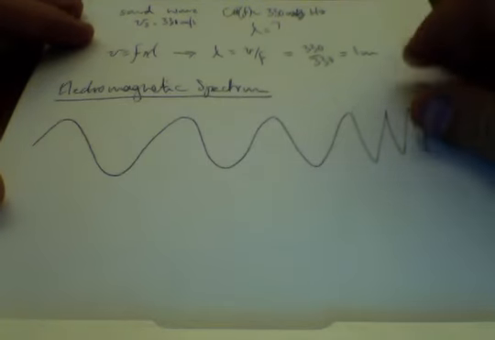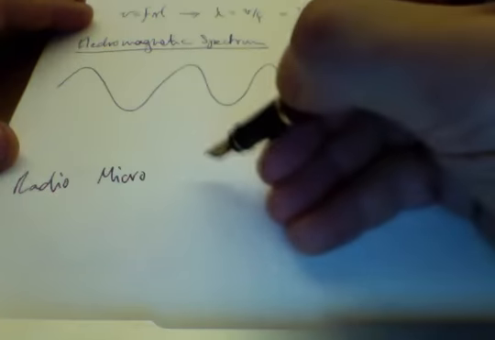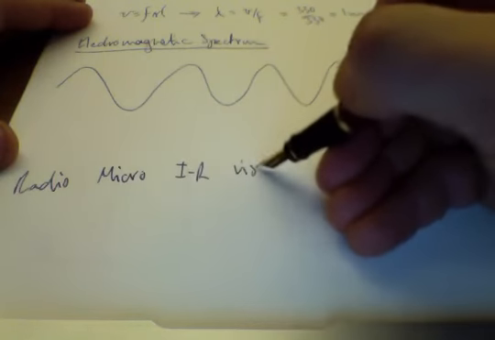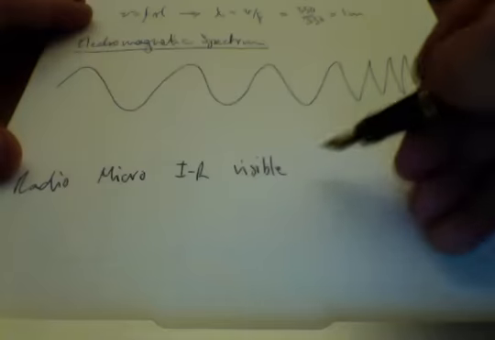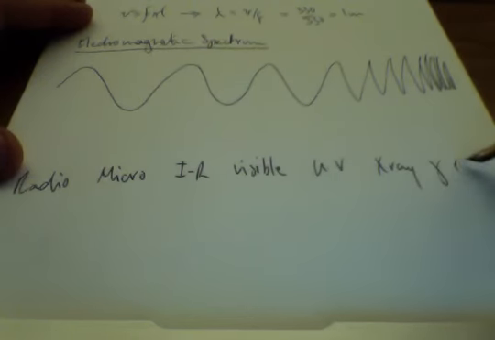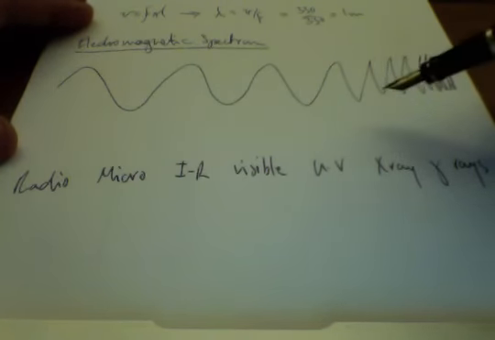You're familiar with these regions because you know them as radio, micro, infrared, visible, ultraviolet, X-ray, and gamma rays. And essentially what they are is they're slightly different frequencies of this same vibration in the magnetic and electric fields.